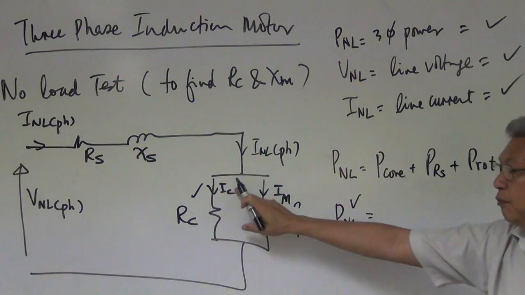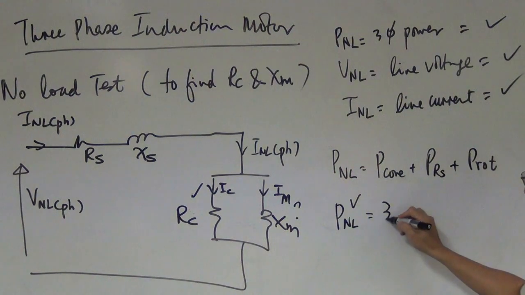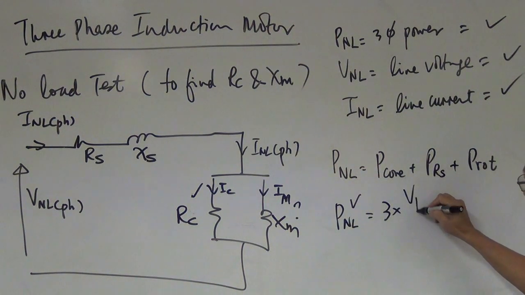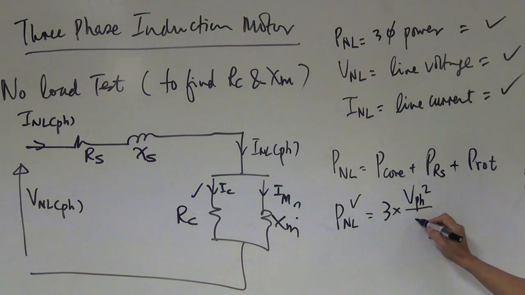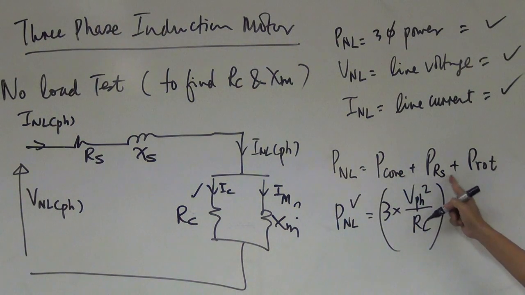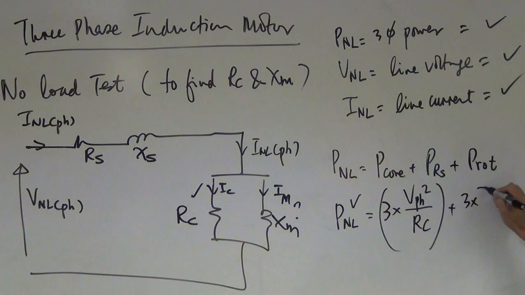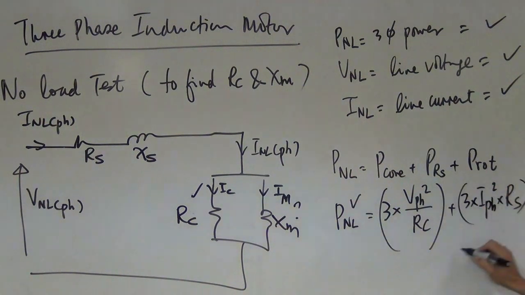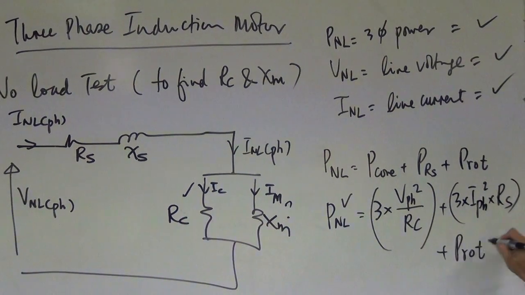Core loss, the best formula is V squared over R. So 3 times VPH squared over RC. Right, so that's your core loss power. Your stator loss is 3 times I squared RS. Okay, plus the rotational loss.